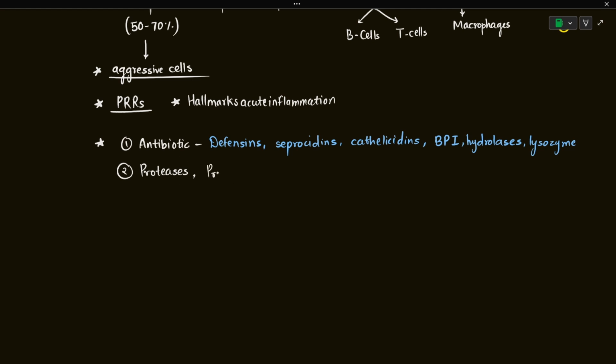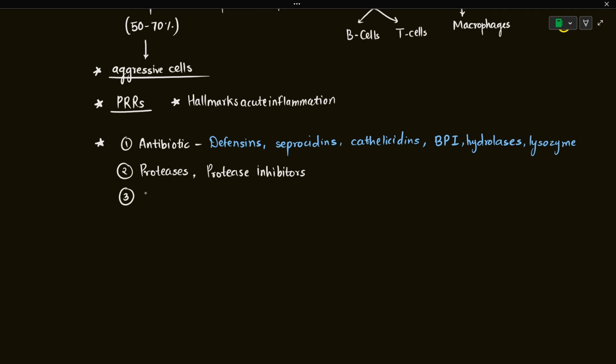That is why alongside proteases, those granules will have protease inhibitors as well. Proteases do the tissue remodeling, and for regulating them, we need protease inhibitors. So they are also found in the granules of neutrophils.